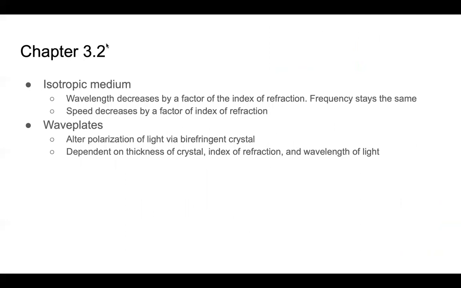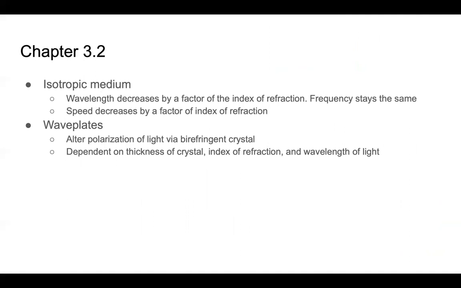So in this chapter, you talk about isotropic media. It's kind of a review of some 1C, in that wavelength decreases by a factor of the index of refraction, while frequency stays the same. I guess the intuition is if you hear a certain pitch, you'll hear a certain note, and that's associated with the frequency.